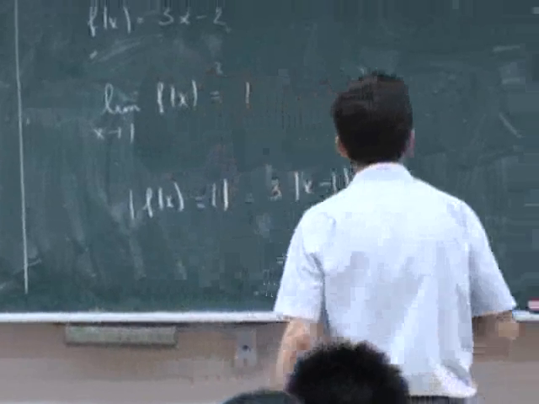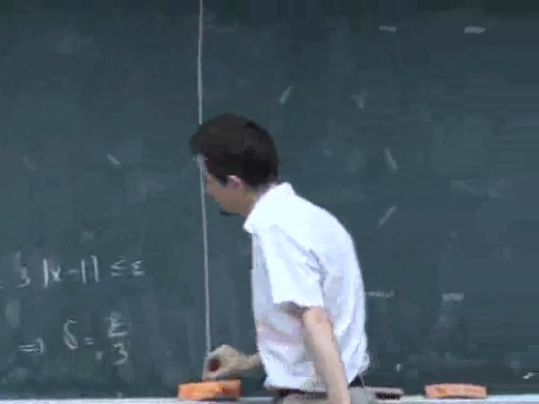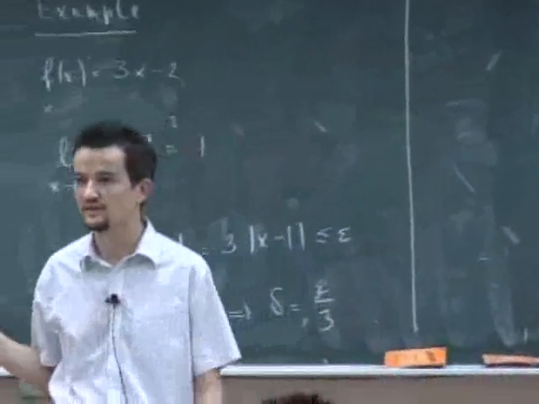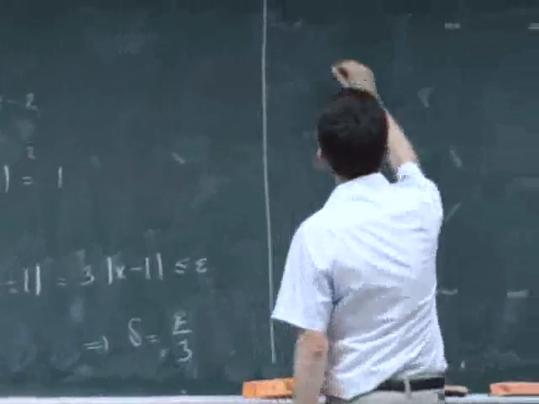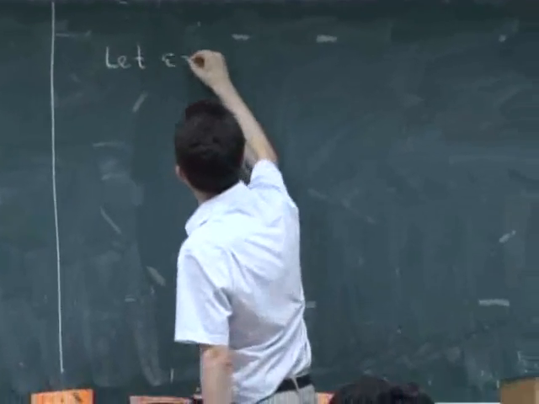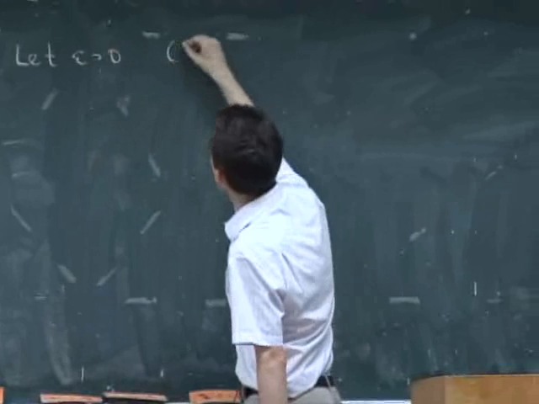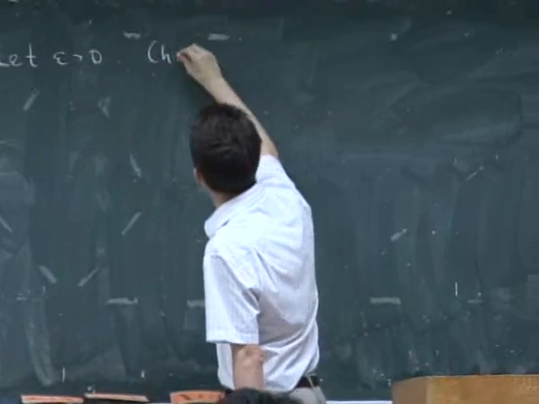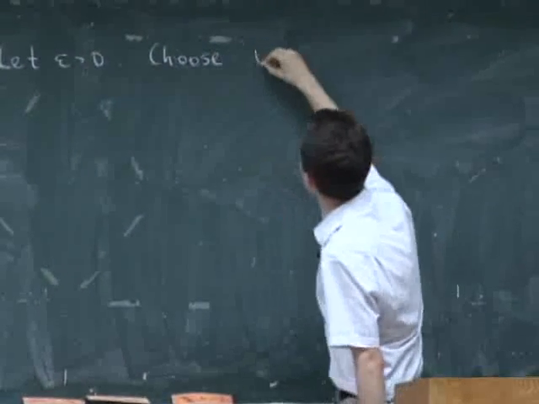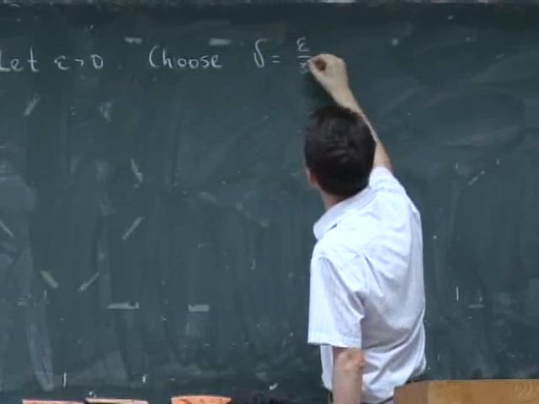And now what you write in your homework paper is just how to prove it precisely. So let epsilon be larger than 0. Choose delta to be equal to epsilon over 3.